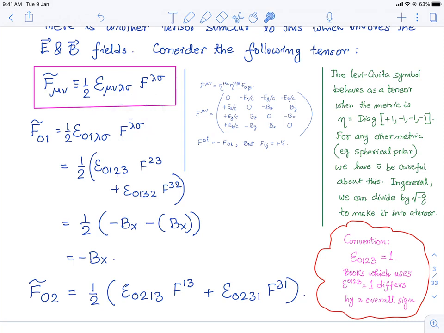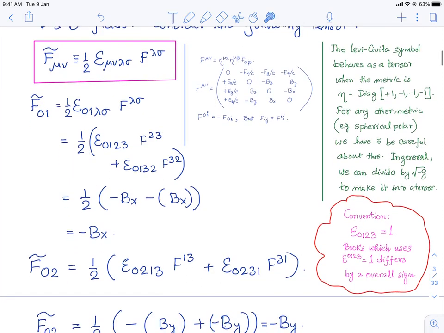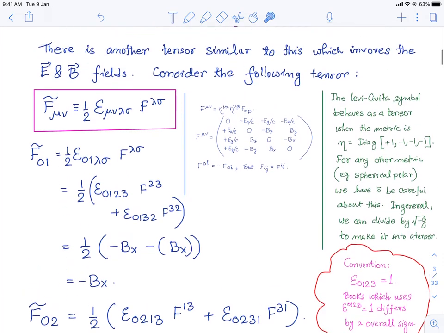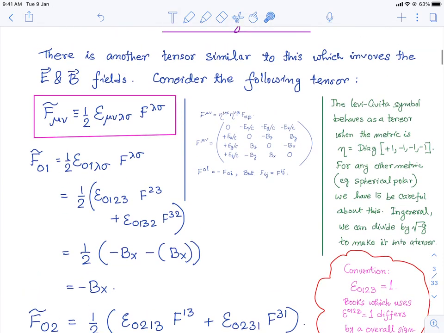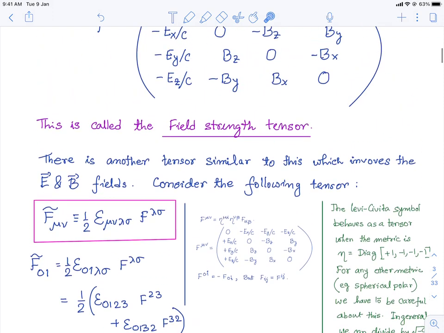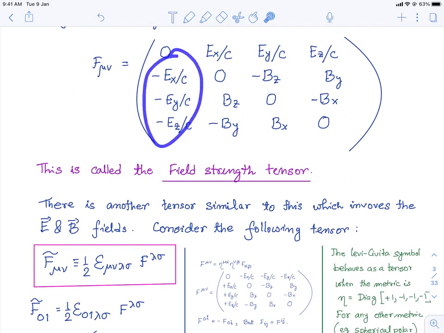So the only possibilities are lambda is 2 and sigma is 3, or lambda is 3 and sigma is 2. That's the only 2 possibilities, and therefore we have 2 terms. Then we read off the components, F23, in this way. Again, if we know F mu nu lower, then F mu nu upper can be found by multiplying the etas appropriately, and then essentially what happens is this sign flips.